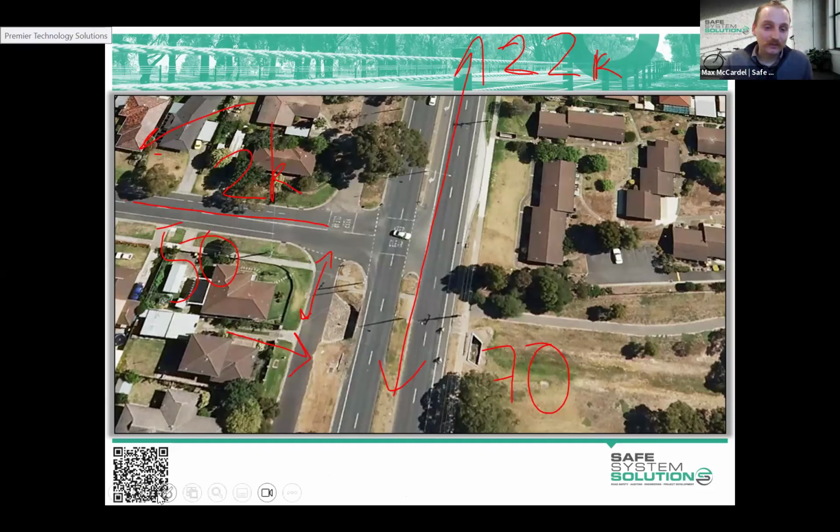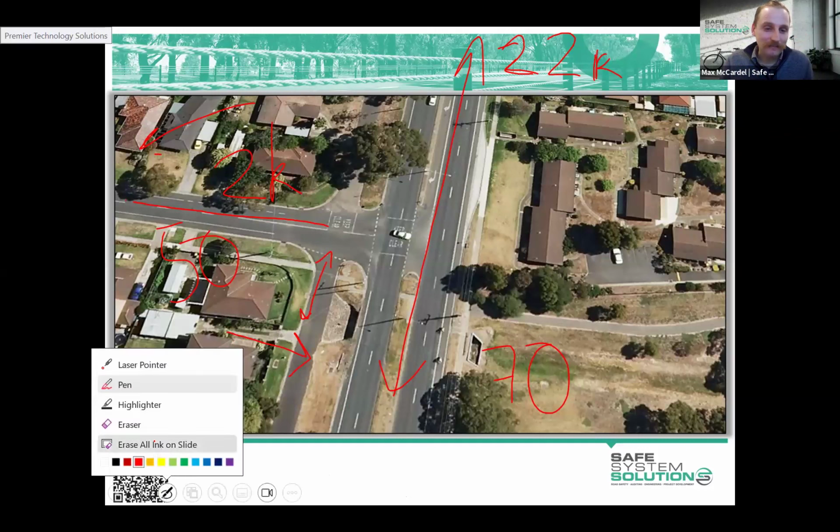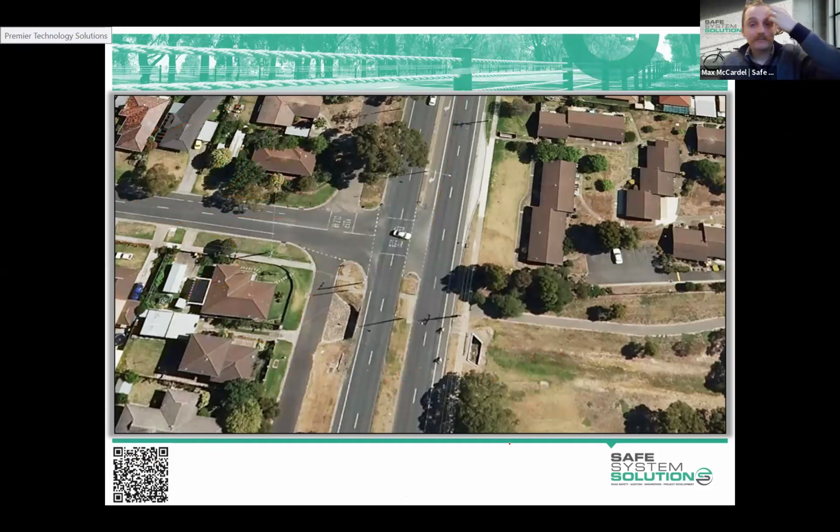Now, speaking of crash outcomes, this intersection has seen 6 crashes in the last 5 years, and they are all relating to this type of movement.